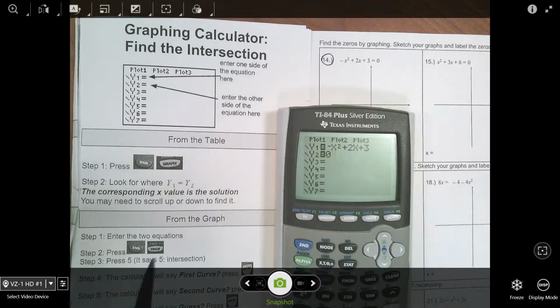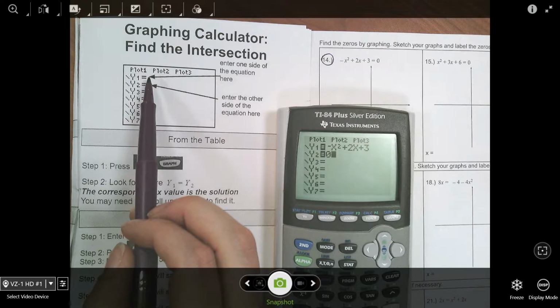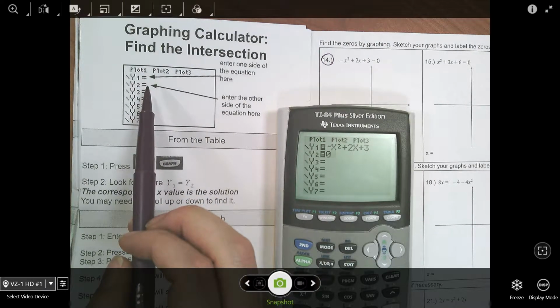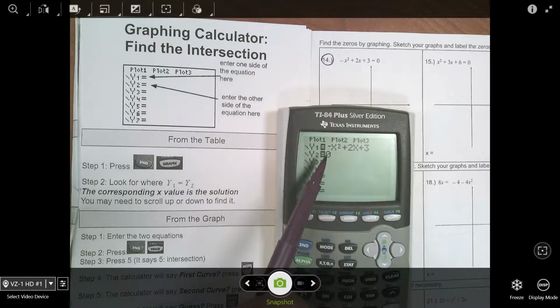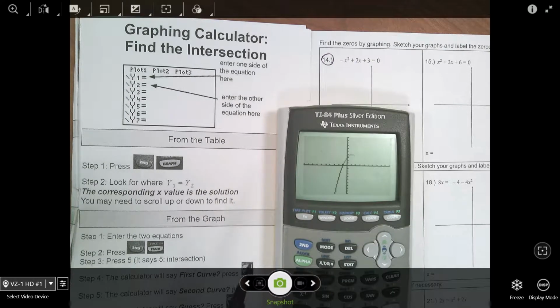In this case, it happens to be a 0. That's okay. Sometimes it's got x's in it, sometimes it's got other numbers in it. One side of the equal sign goes in y1, and the other side goes in y2. So what we're going to do is really treat these like a system of equations and see where they intersect each other. So let's look at our graph.